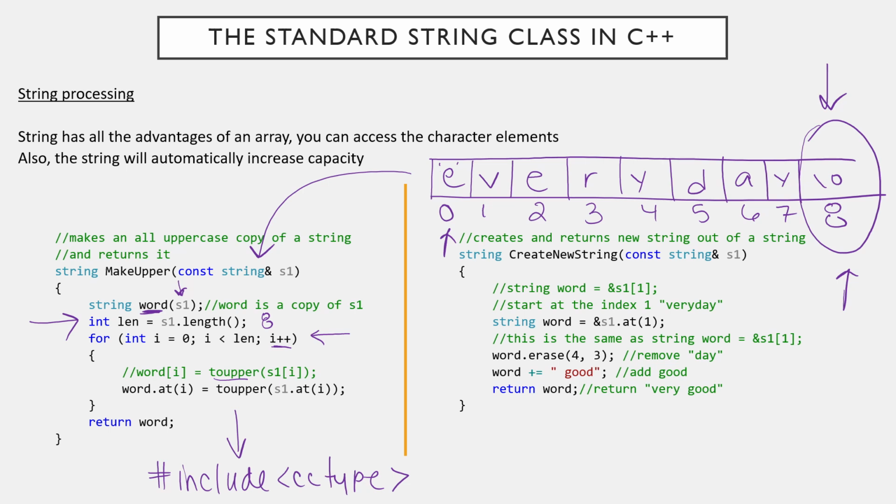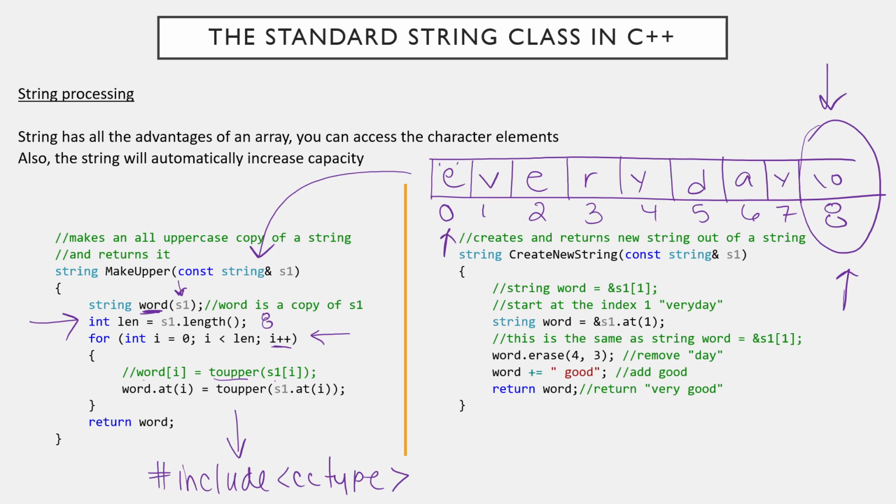Obviously each character has a numerical value and you can do it other ways, but I recommend doing it by using the toUpper or toLower function. The most straightforward way is to go through each letter, take your S1 and change it to uppercase.